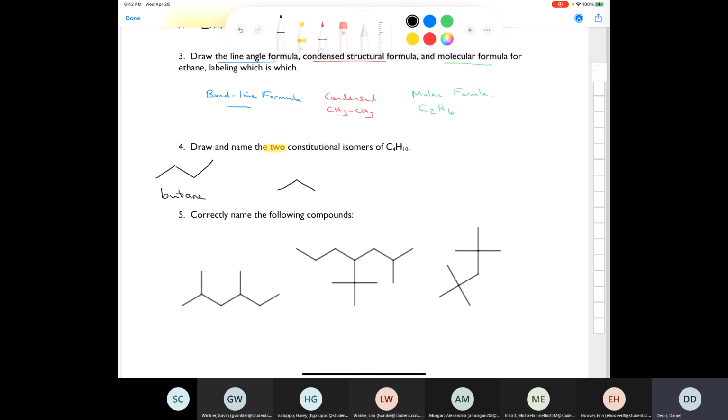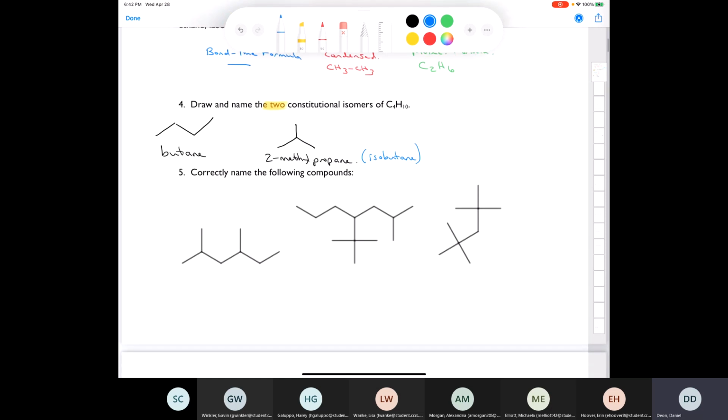However, I could make a branch like this, and I could call this molecule 2-methylpropane, which is nothing wrong, because you have 1, 2, 3 carbons in the main chain and a methyl group on carbon 2. However, this molecule does have a common name, which is isobutane, and you probably would have seen that term throughout the class.